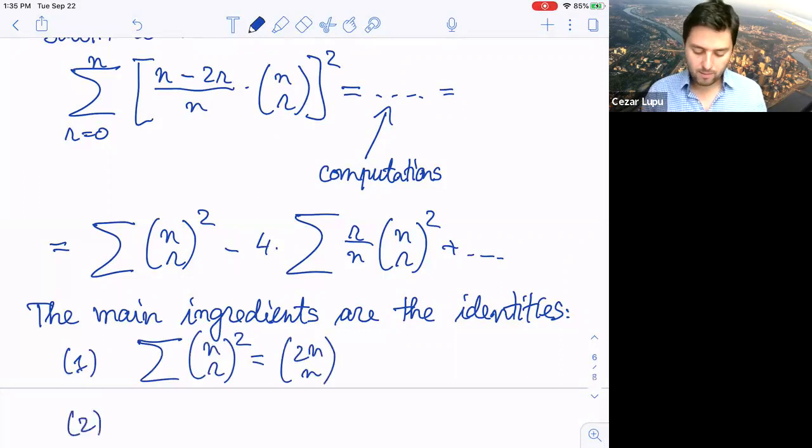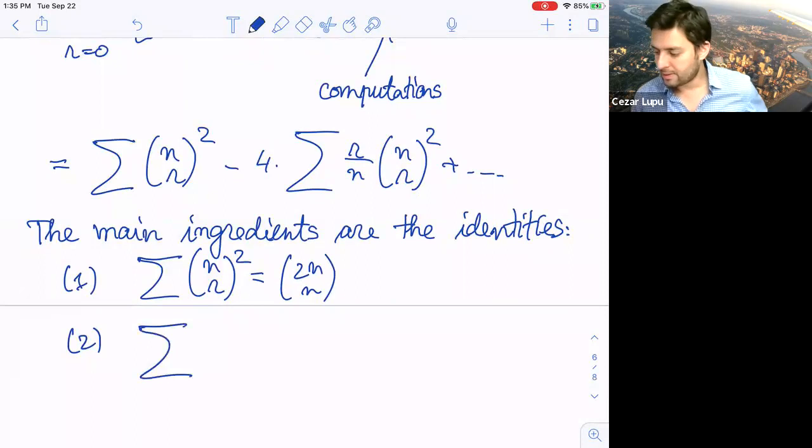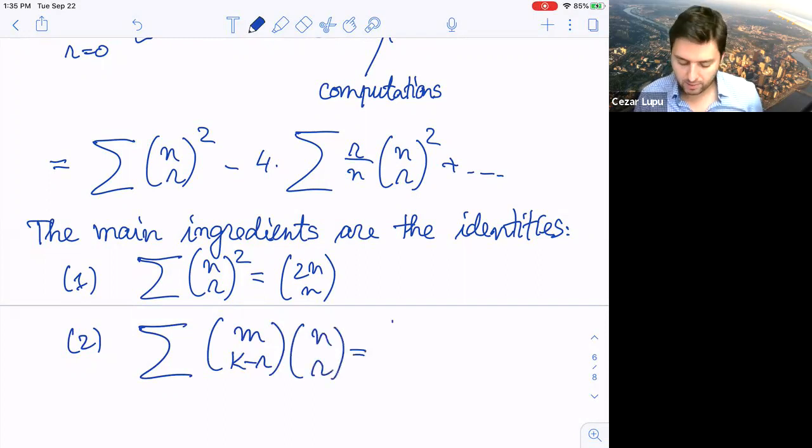And the second one, when we have this sum, let's say m, so the Vandermonde identity, m choose k minus r times n choose r. This would be nothing else than just m plus n choose k.